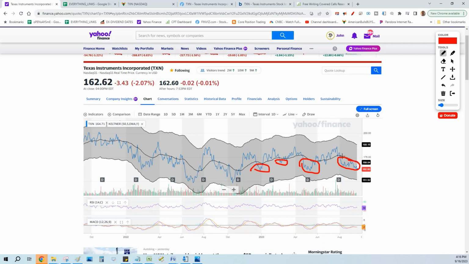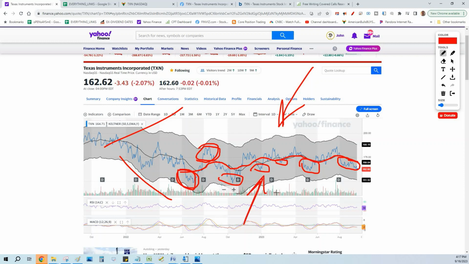Because if this is considered the stock's trading range, we're going to get movement lower and we're going to get movement higher. I want to be buying when it's moving lower. If you believe this is a stock's trading range, we're going to have these ups and downs, and we want to get involved when it's trading in the down cycle. That is guideline number 3.